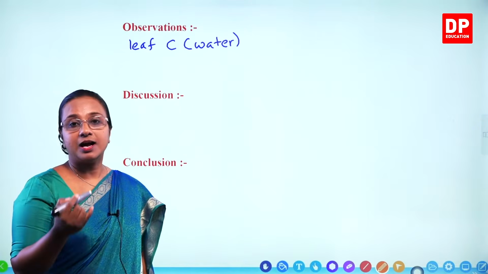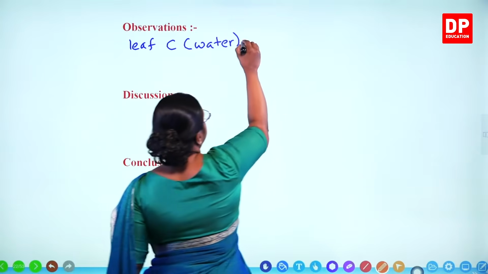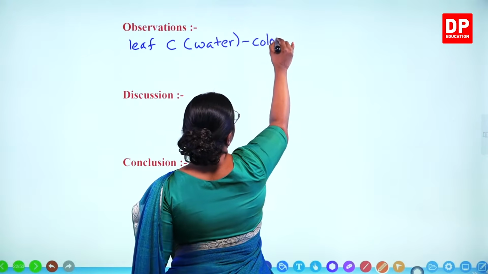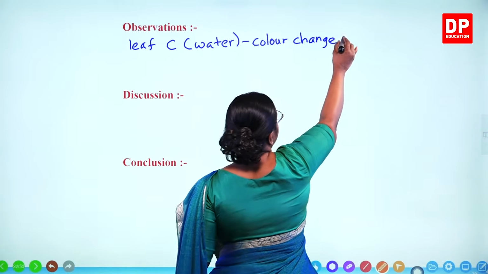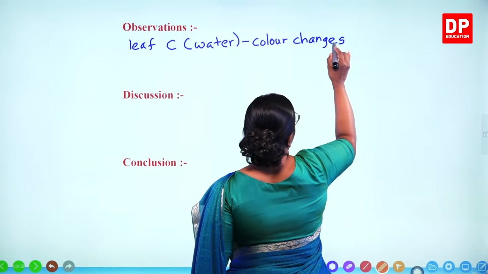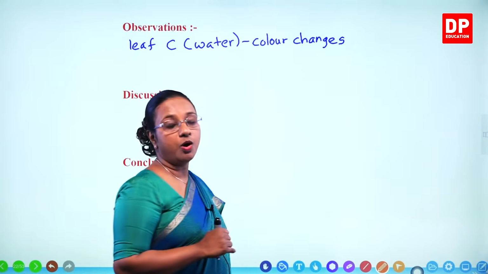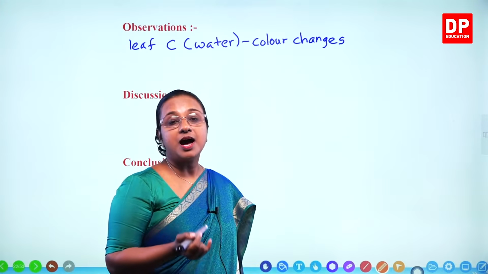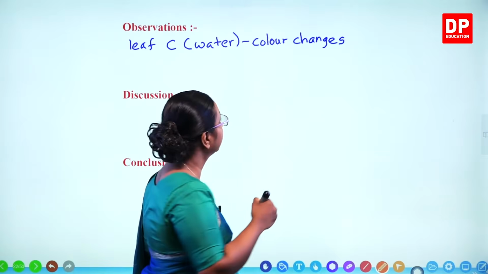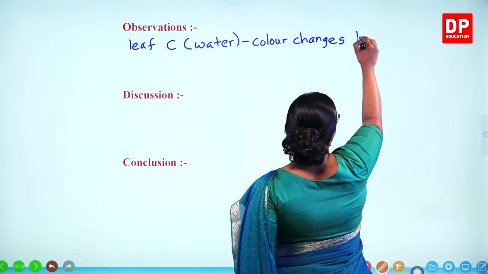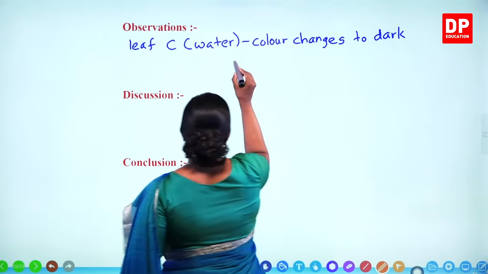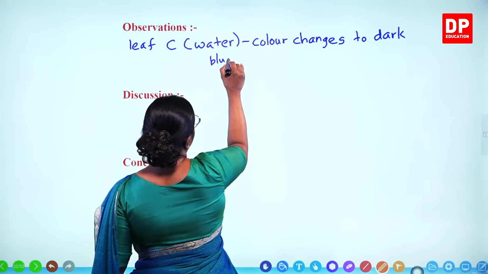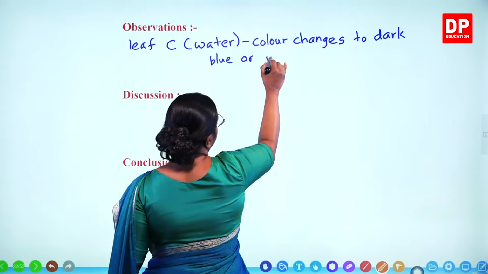There was a color change. What is the color that is observed? The dark blue or purple color.